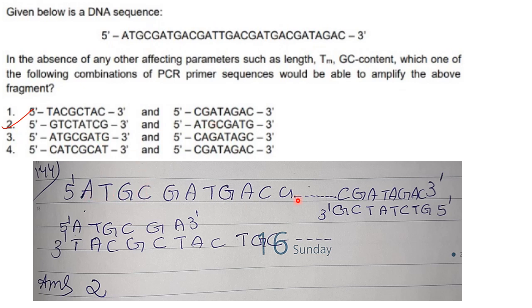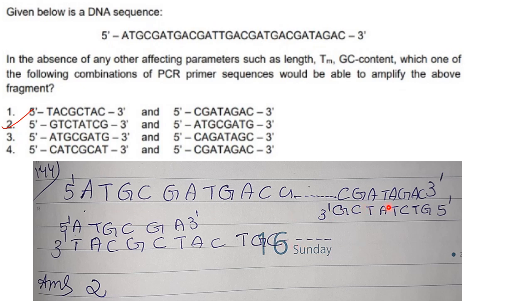So this is the DNA sequence. I have shown it in dashes because only this much region is required for the preparation of the primer. This is the 5 prime, 3 prime end of the DNA fragment. Here other sequences are there, I have not shown them. So this is the 5 prime to 3 prime DNA sequence. This is the complementary strand of the DNA sequence, that is 3 prime to 5 prime.